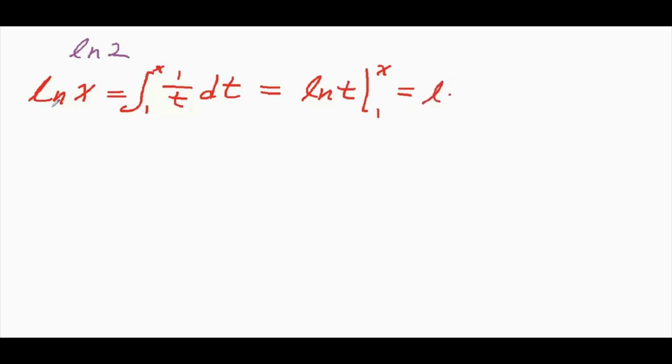And then we would do natural log of x minus natural log of 1, which is just 0, so it would go away anyway. And so that's why we always go from 1 to whatever we're trying to take the log of. So this is equivalent to this.